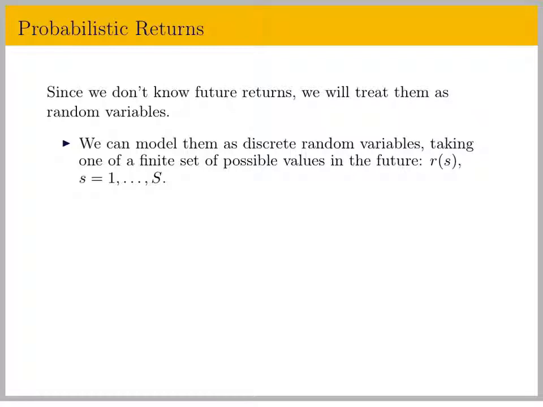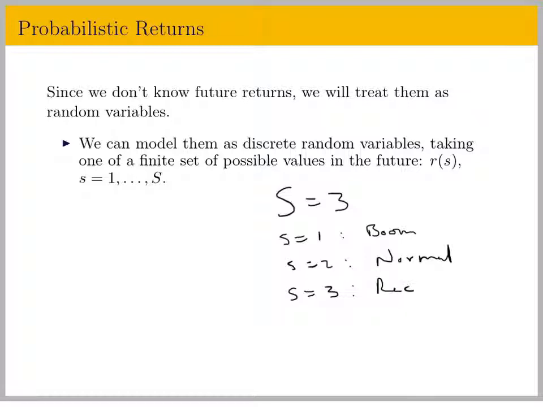As an example, we could say that capital S is equal to 3, and that little s equals 1 corresponds to a boom state, s equals 2 corresponds to normal growth in the economy, and little s equals 3 corresponds to a recession. And then you could specify what the returns to an asset are in each one of these possible states.